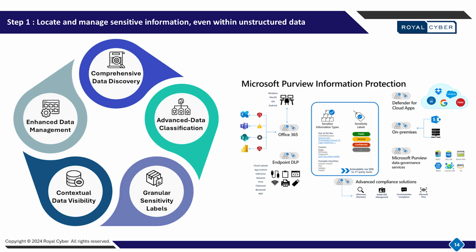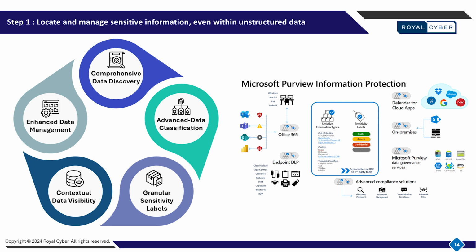So the first step here is to locate. Purview helps you do this. We discussed this before. You have comprehensive data discovery tools. It helps scan the environment to find sensitive data, such as PII or financial data or intellectual property. And once it's identified, it uses advanced classification techniques to label this data according to its sensitivity.